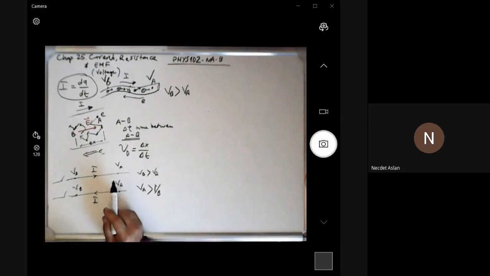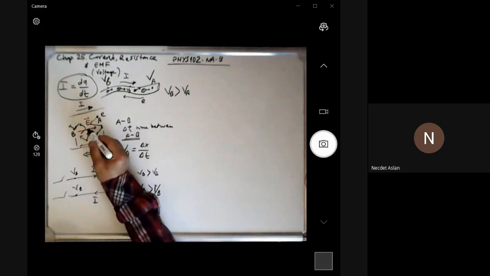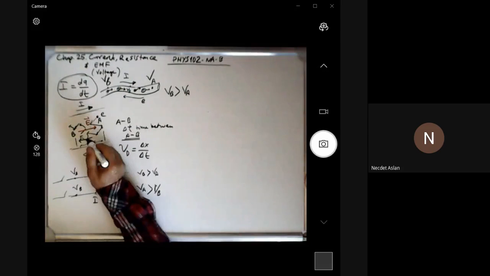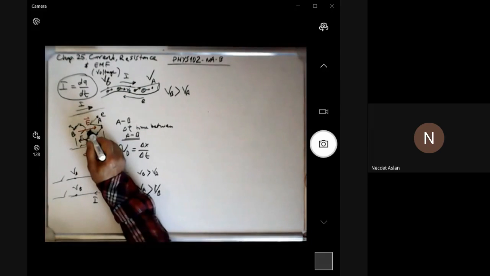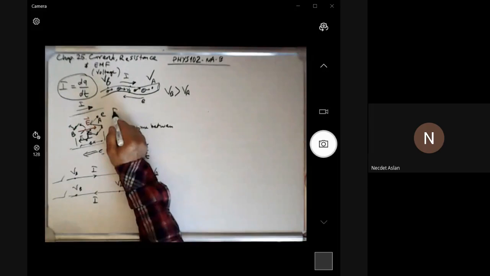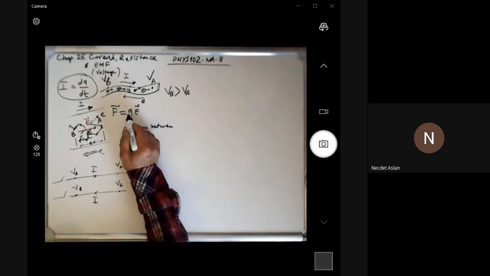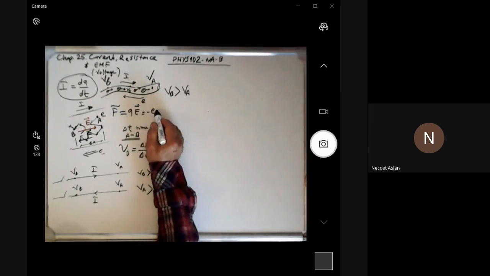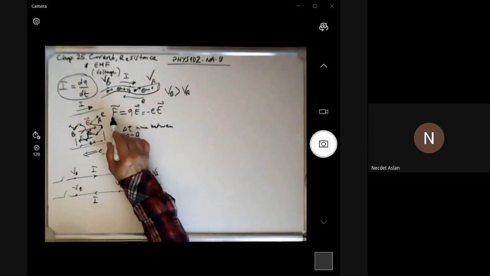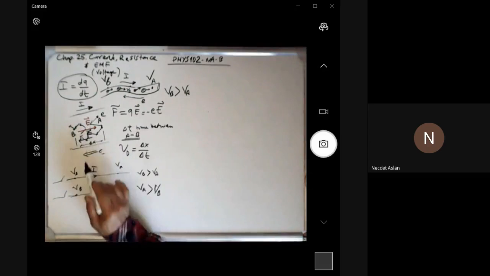So if the electric field is in this direction, the electrons will feel the force in the opposite direction on average, of course, because F equals QE, and Q is minus e. So the force and the electric field directions should be opposite to each other, just like I have drawn here.